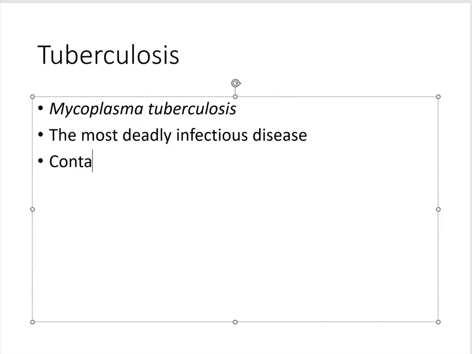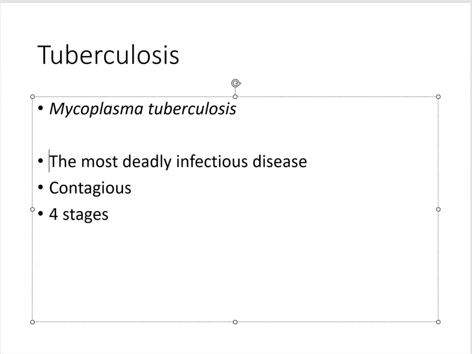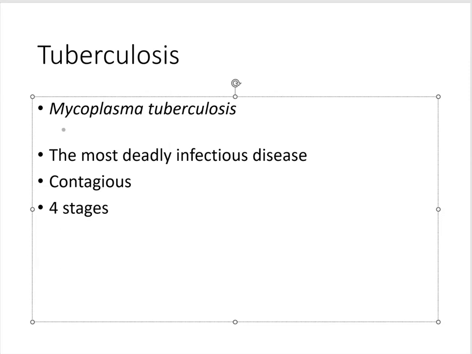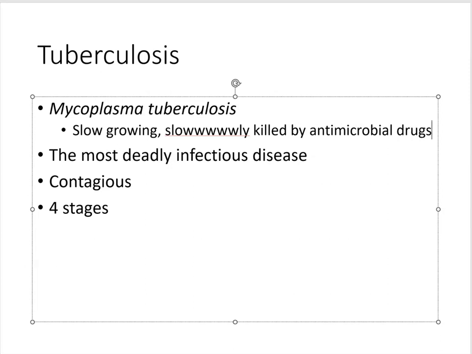It is contagious, so it spreads very quickly, and there are 4 stages of the disease. And I think I should add, Mycobacterium tuberculosis is slow growing, therefore slowly killed by antimicrobial drugs. Slowly killed.